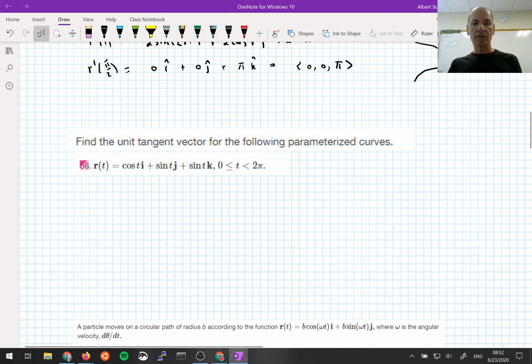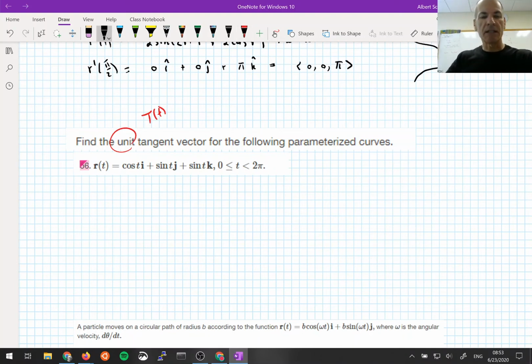Let's do another. Let's find the unit tangent vector for the following curve. So now what's different here? You've got to pay attention to the words. Now we're looking for the unit tangent vector. This is capital T of t. Well, you're not going to find capital T until you find r prime. So let's go and find r prime.